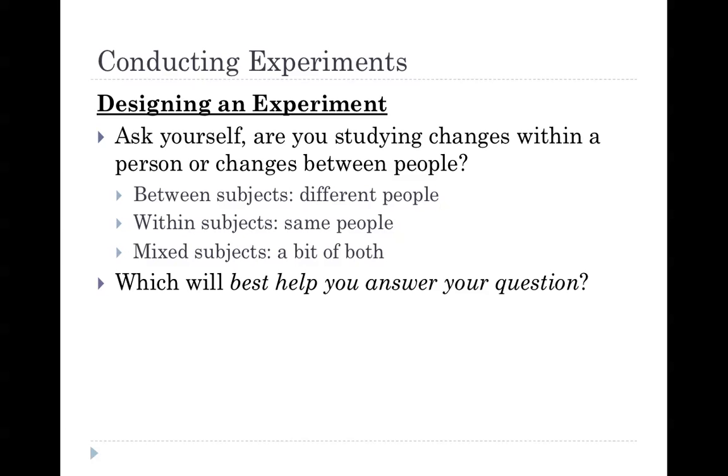But within subjects designs, you're investigating the same people under different situations. So you expose a person to a stimulus, measure their response, expose them to another stimulus, and measure their response. So here, you're investigating the same people, changes within a person. And then lastly, the mixed subjects design is kind of a bit of both.